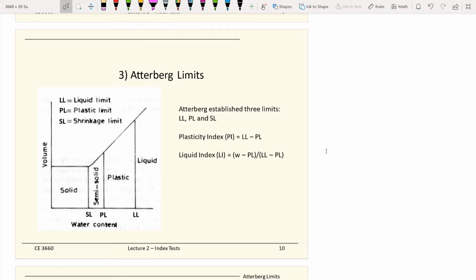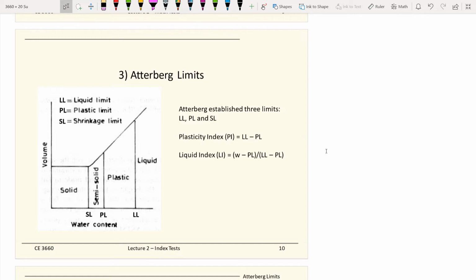But this one, the Atterberg test, is a little bit different. It focuses on fine grained materials only, which means silt and clay, and it focuses on the effect of water on those fine grained soils.